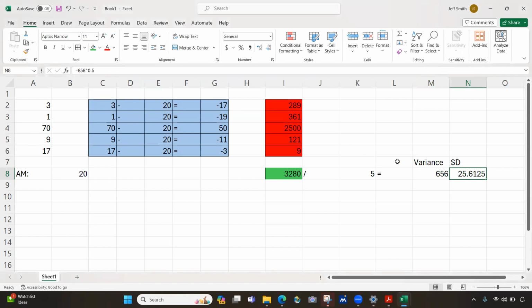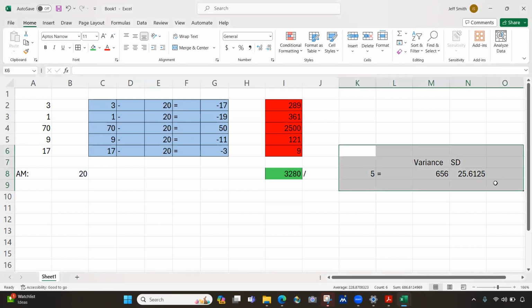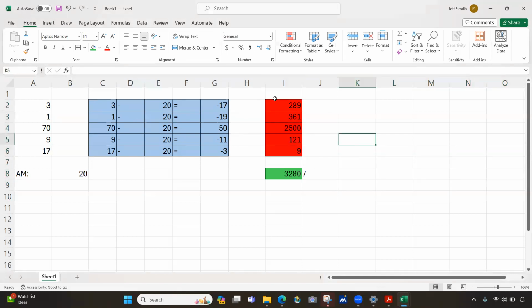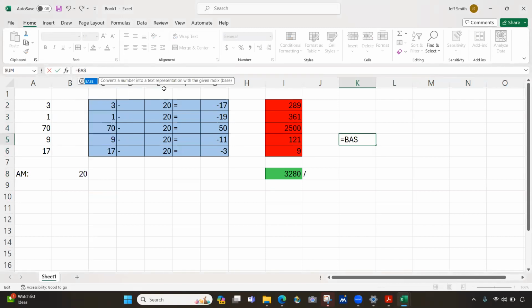All right, so I'm going to hide this. Everything is like before. You need to find the arithmetic mean, you need to subtract, but in this column, you don't square. So you find the absolute value. What's the absolute value? I'll explain it in a second.